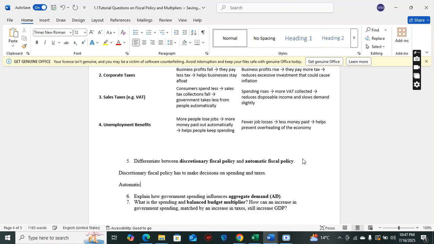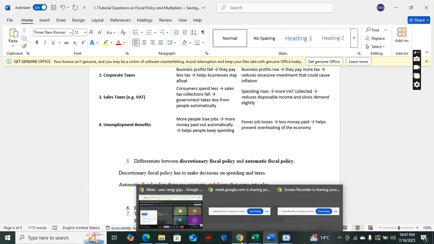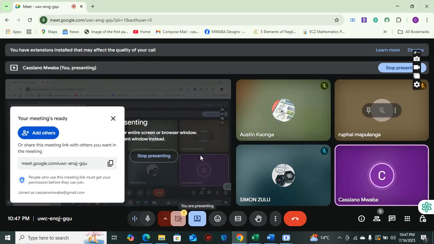The automatic stabilizers will come into play. As we said with taxes, if the economy is doing well, it means people have more disposable income, and their income has even increased.